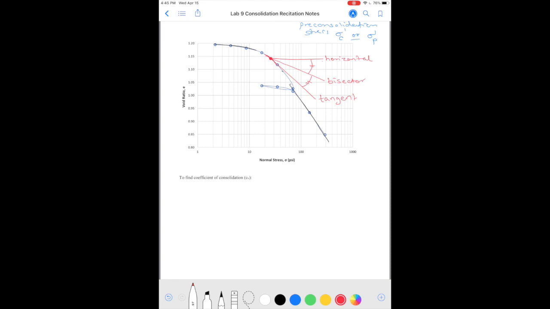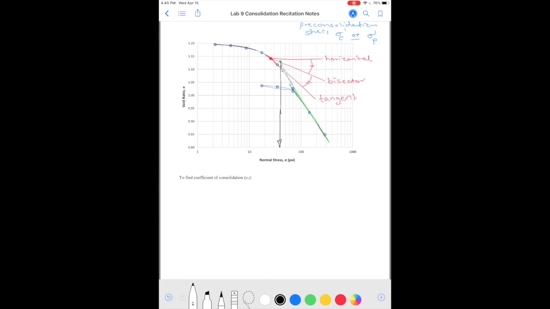And then we are going to take this part of the curve, which is the compression curve, and extend it backwards, and wherever that intersects, we are going to find that stress to be the pre-consolidation stress.